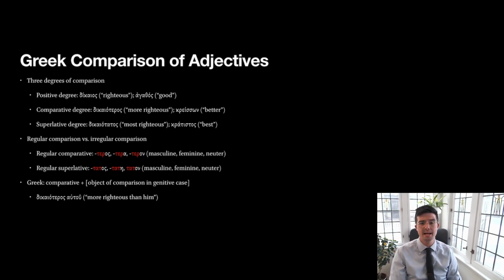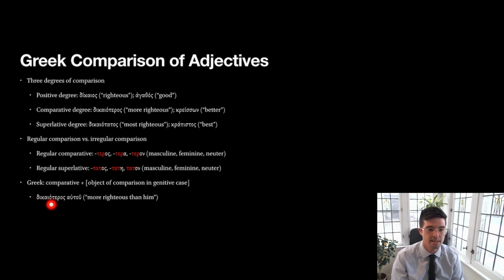The last thing: English likes to use the word than for the comparative degree, and Greek does this in 2 different ways that will usually translate with the English word than. The first is to put the thing that is being compared in the genitive case after the comparative word. For example here, dikaiateros autou.